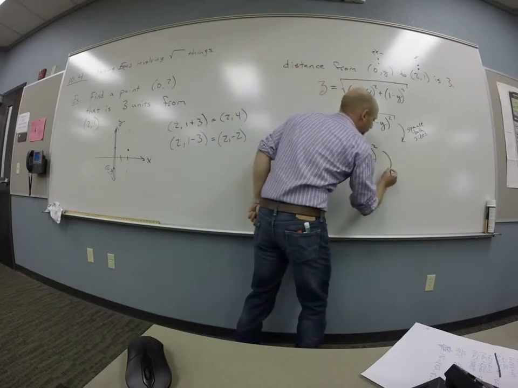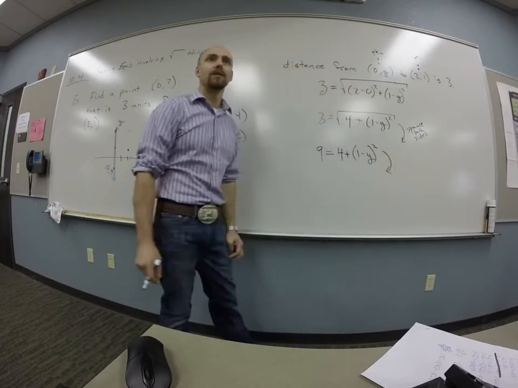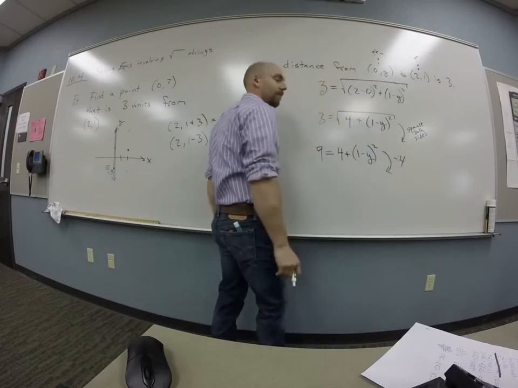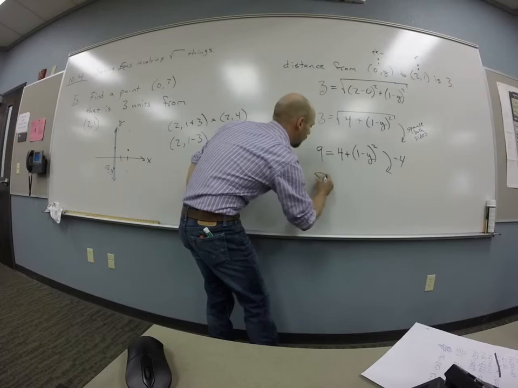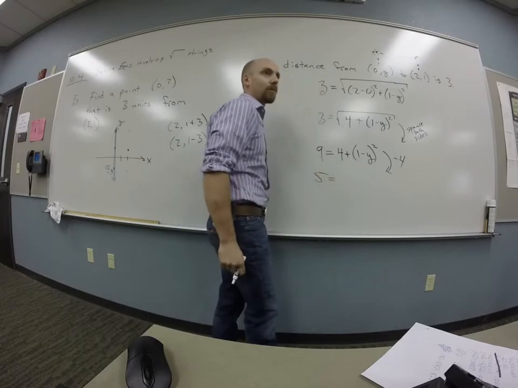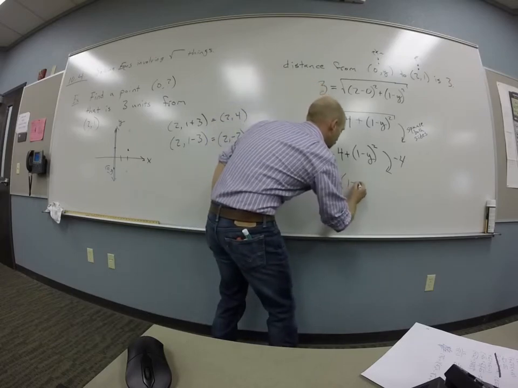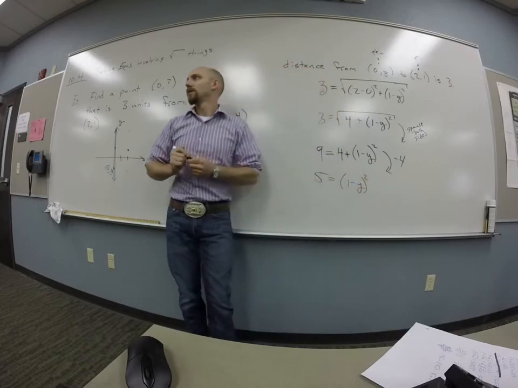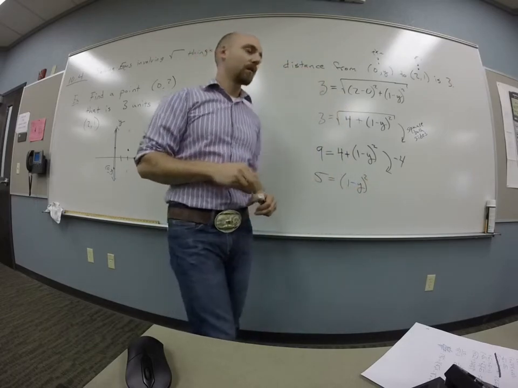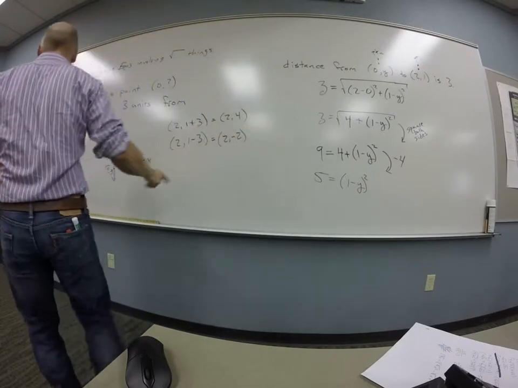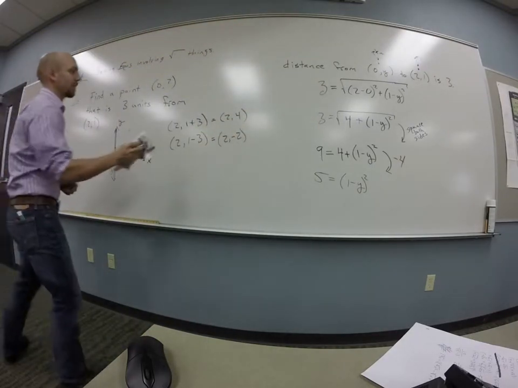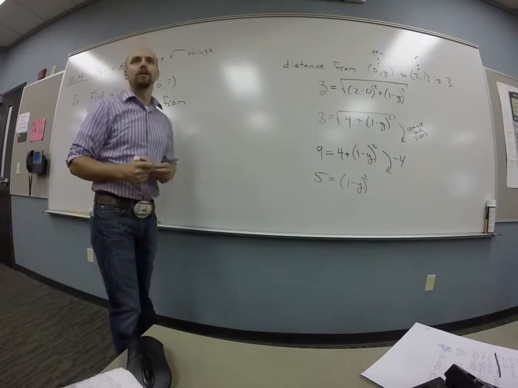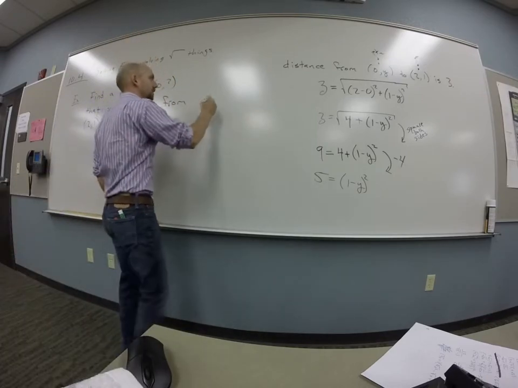Now what? Now I want to subtract 4 from both sides. So I get 5 is all of 1 minus y squared. And then what? I want the y's by themselves, right? So I should square root both sides.